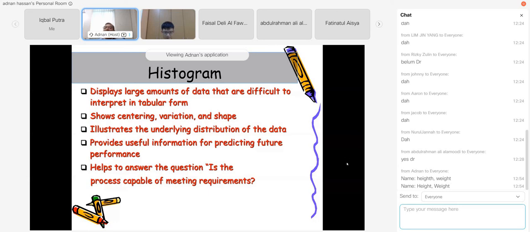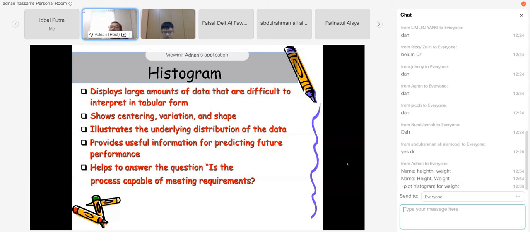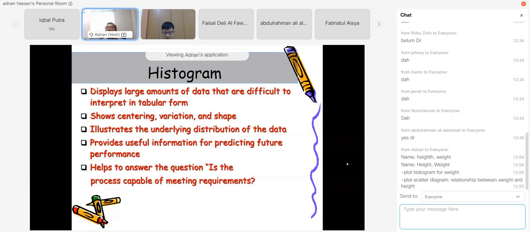After all of you put it, I would like you to plot a histogram of the height, and then a histogram for weight. Then I want you to plot a scatter diagram showing the relationship between weight and height for your class.